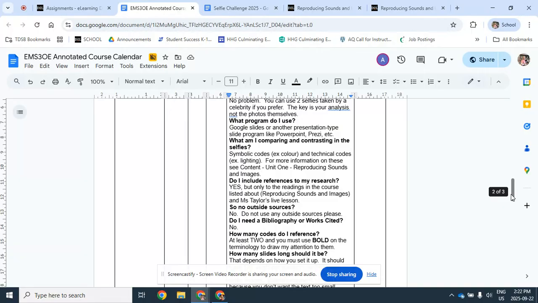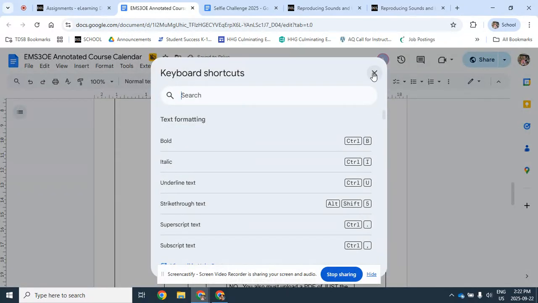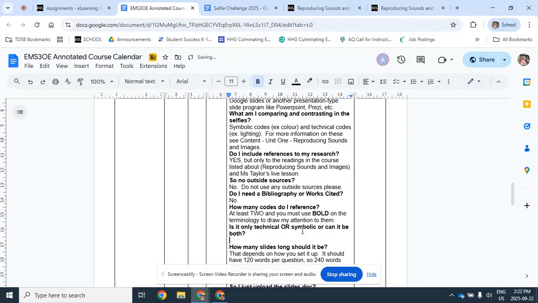How many codes do you need to reference? You need at least 2 codes, and you have to use bold on the terminology to draw my attention to them. Also, some people have asked, is it only technical or symbolic, or can it be both?